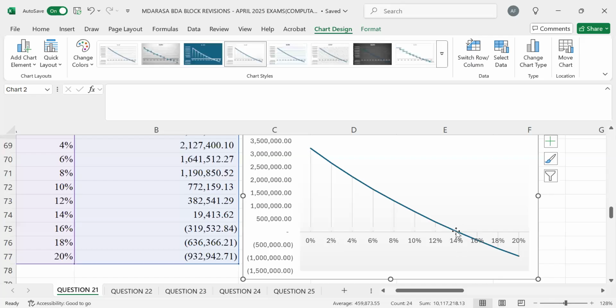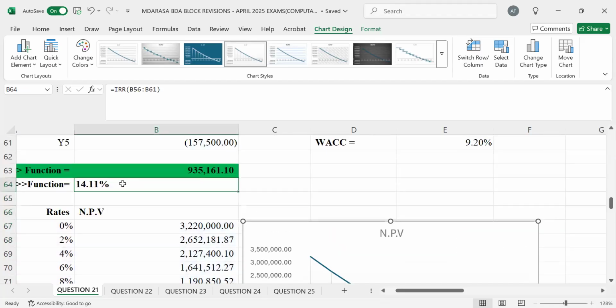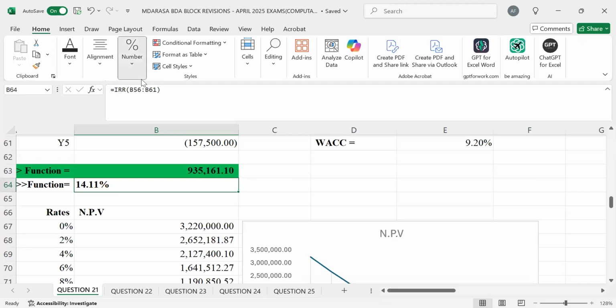So where my NPV is equal to 0 is at 14 point something. And that is why you can prove with the value that we got here. If there is to be more accurate, you can find that it was 14.1110, that percentage value there.